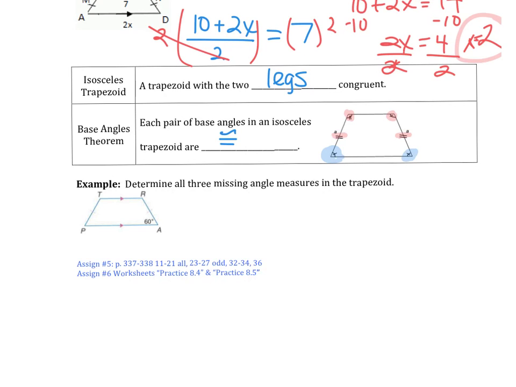All right, and looking at the last example, we are going to determine the 3 missing angle measures in the isosceles trapezoid. We're going to use what we know here about the parallel lines. Notice my markings here. And we have this angle right here, angle R and angle A would be same side interior angles. So I know that those two added up equal 180, so I'm going to set that up. So angle R plus 60 equals 180.